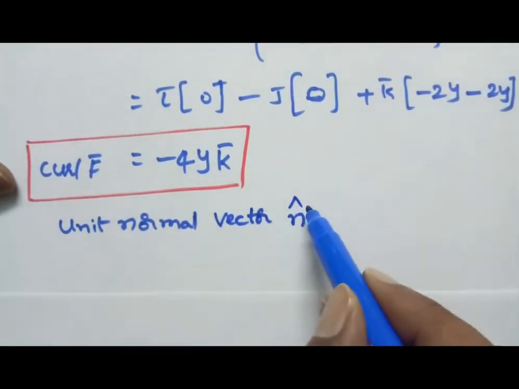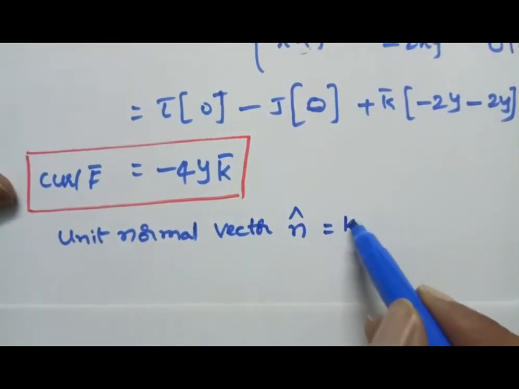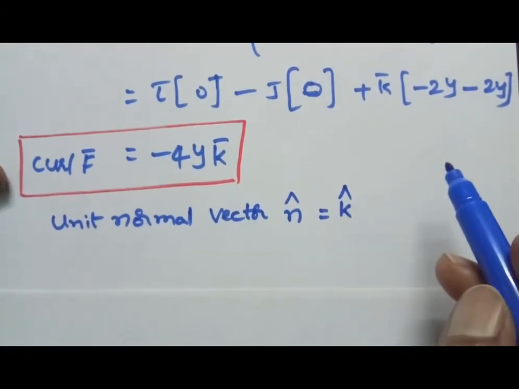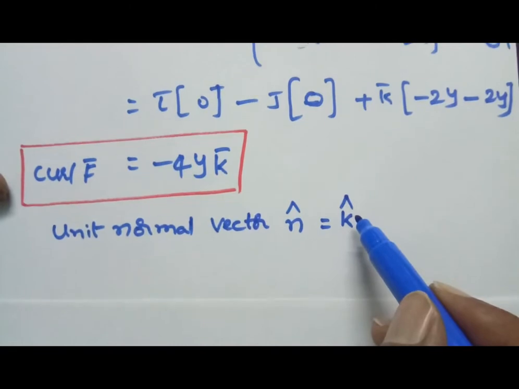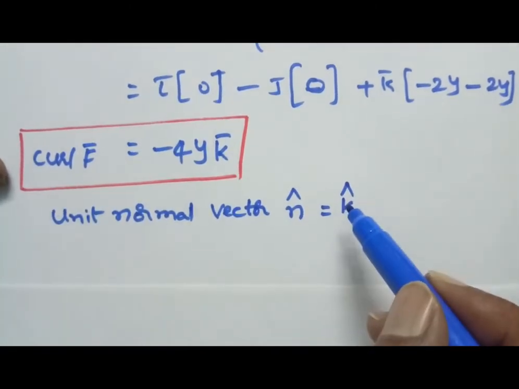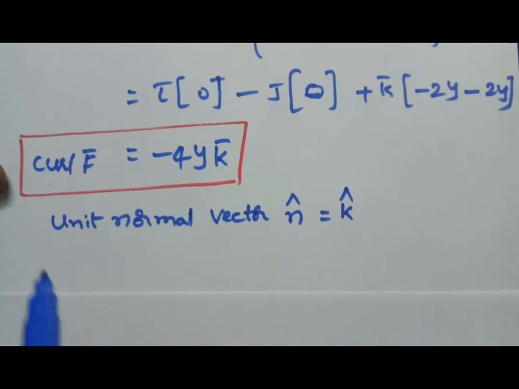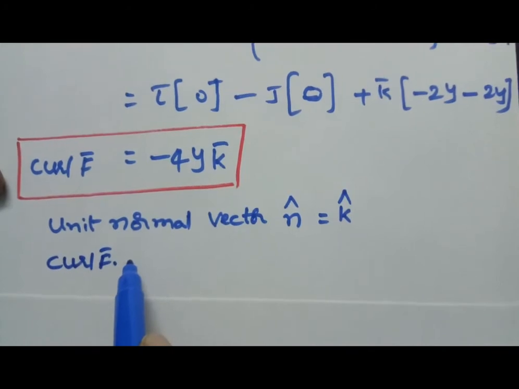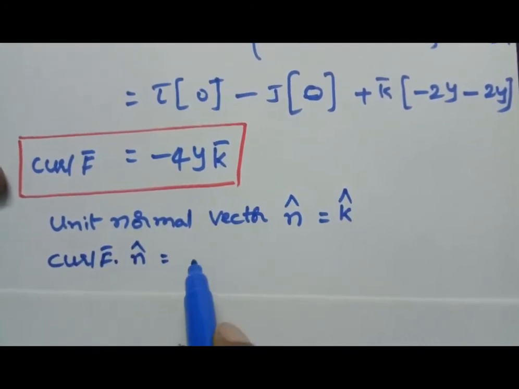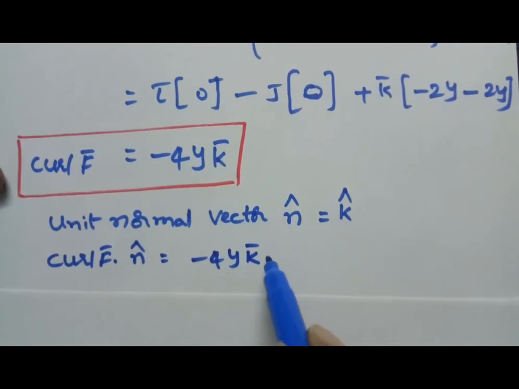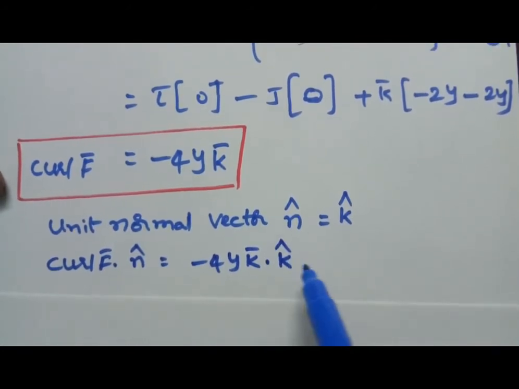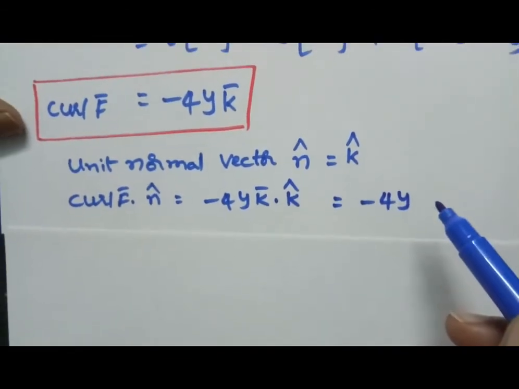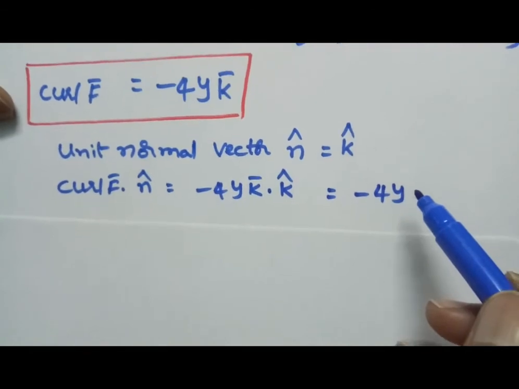Now here the unit normal vector n cap is equal to k cap, since the z axis is perpendicular to the xy plane, therefore the unit vector along the z axis is n cap equal to k cap. Therefore curl F bar dot n cap is equal to minus 4y k bar dot k cap, that is equal to minus 4y, since k cap dot k cap is equal to 1.